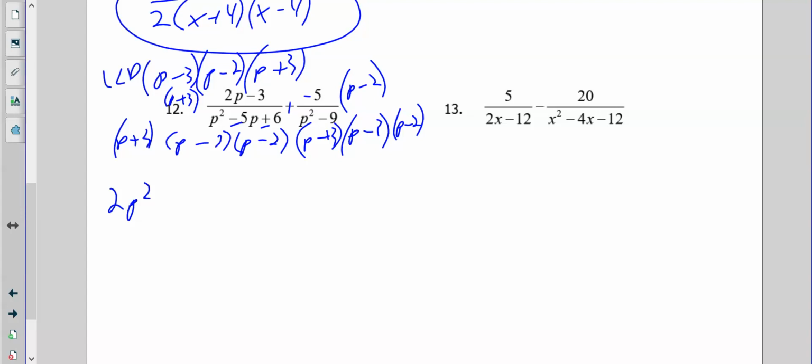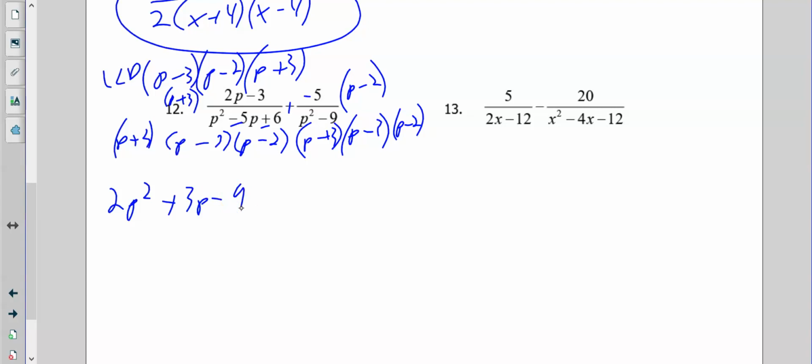So pay attention to your signs, okay? So we have negative 9. We have negative 3p and positive 6p. So that's going to be a positive 3p, and then we have negative 9.